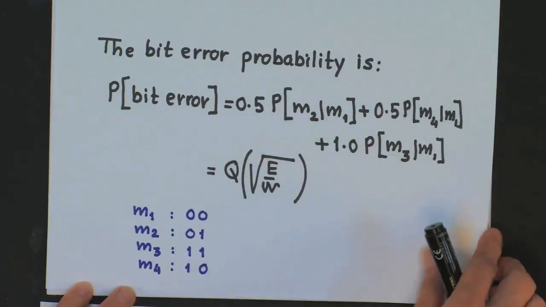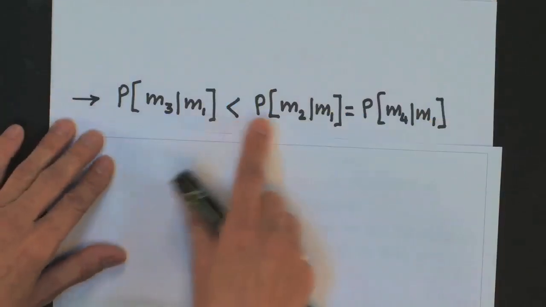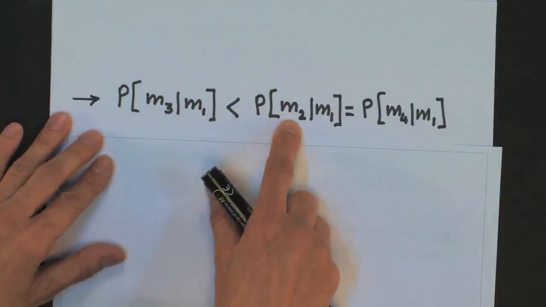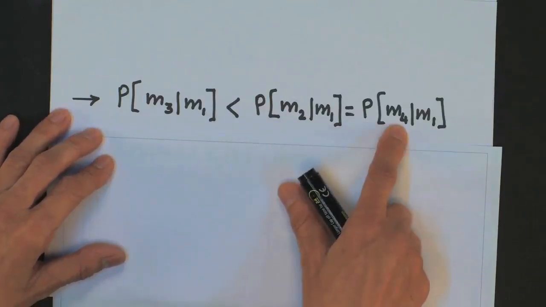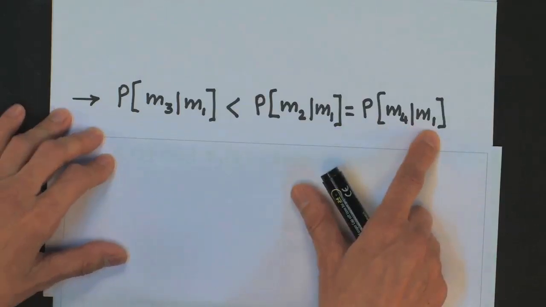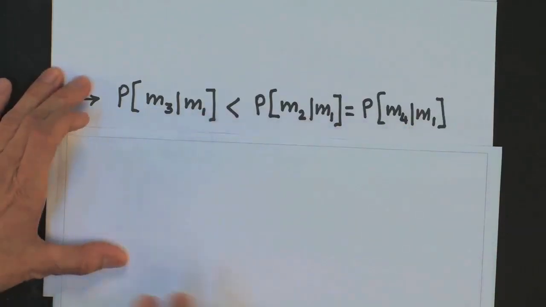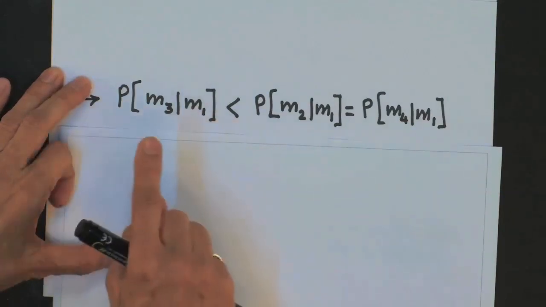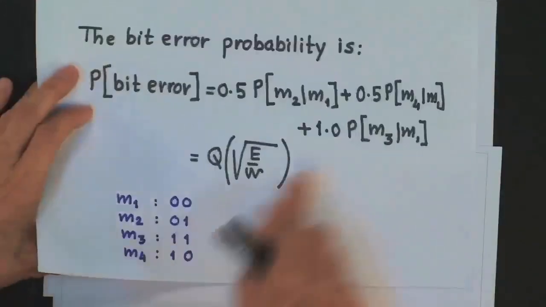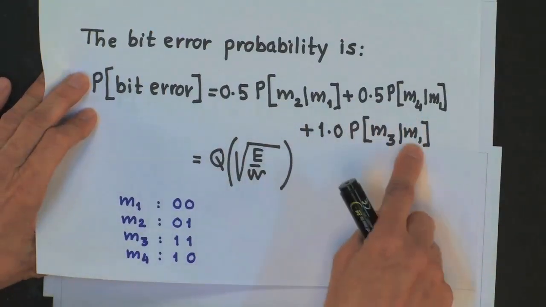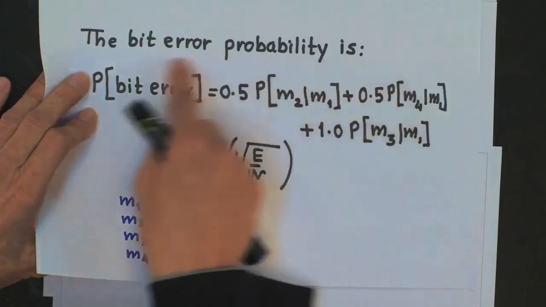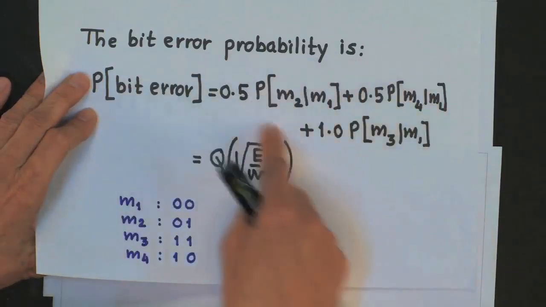And recognize that the probability of M3 given M1 is less than the probability of M2 given M1, which is the same as the probability of M4 given M1. So, this implies that it is desirable to associate the probability 1 with the probability of M3 given M1 in order to minimize the overall bit error probability.